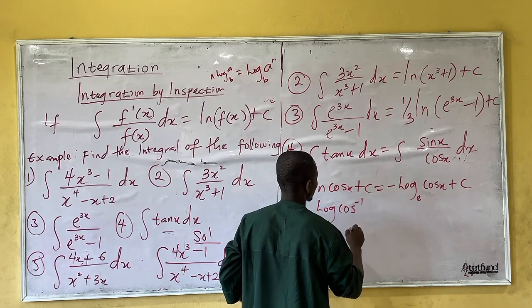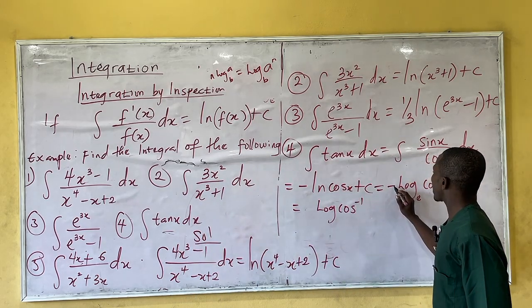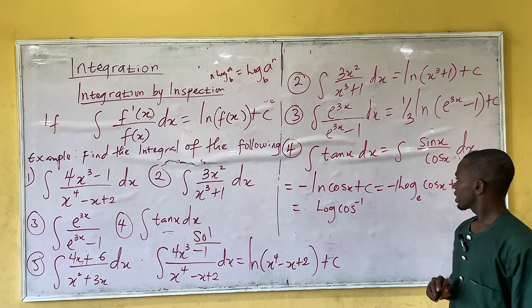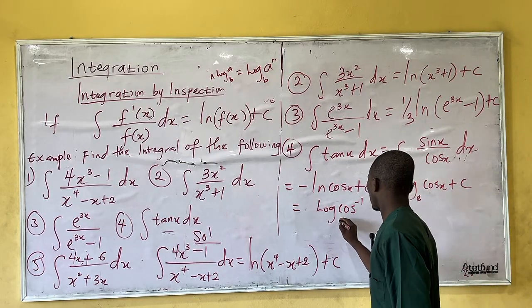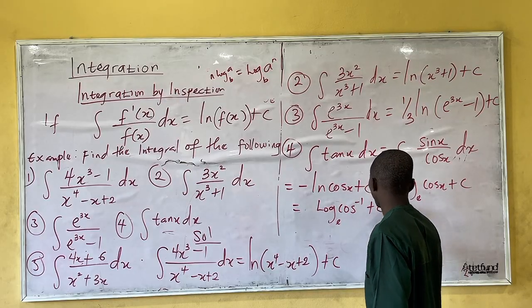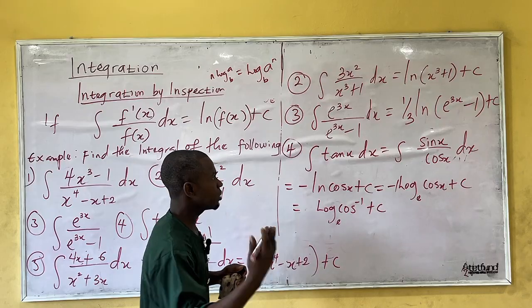So the answer will now be equal to log of cos inverse, because ordinary minus means minus 1, base e plus C. But note, I'm just branching into many concepts.